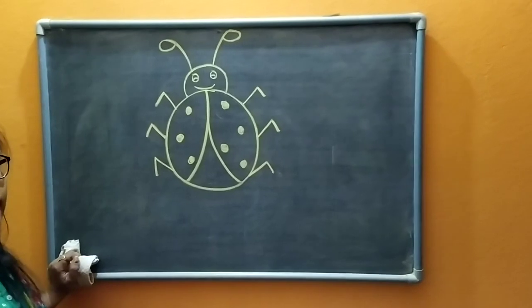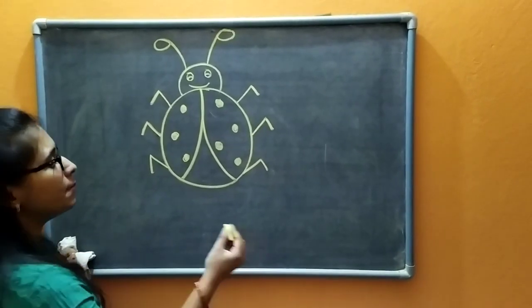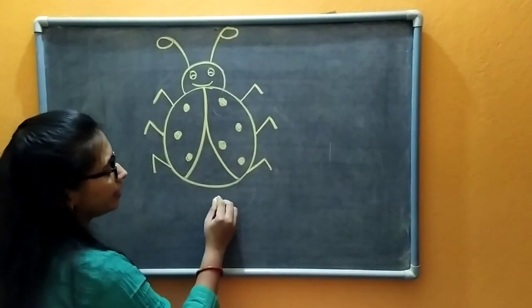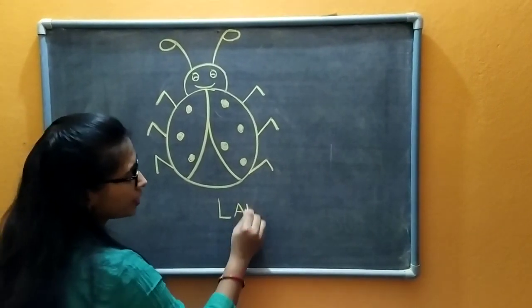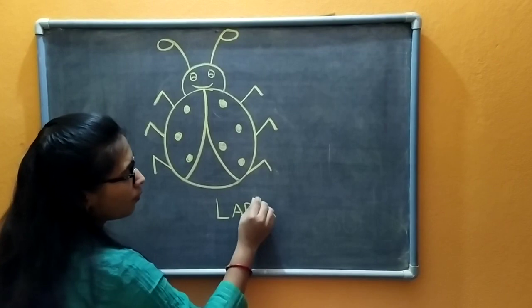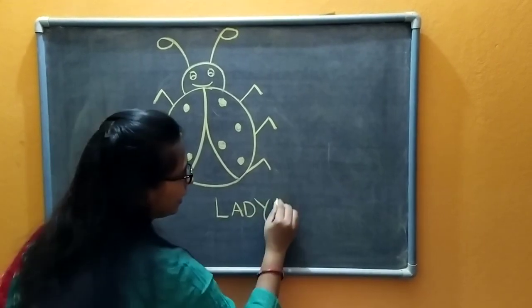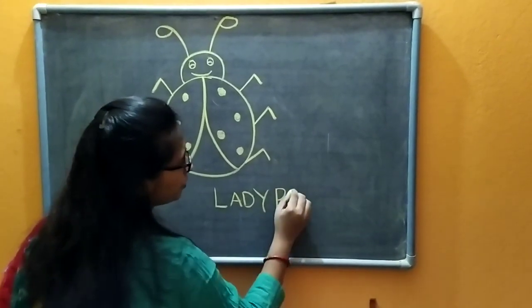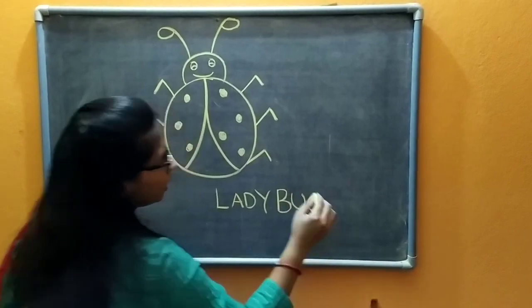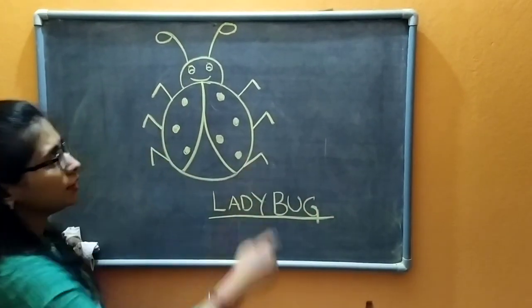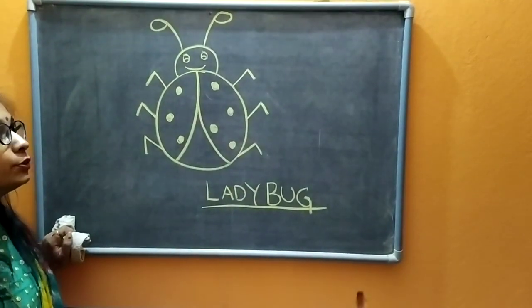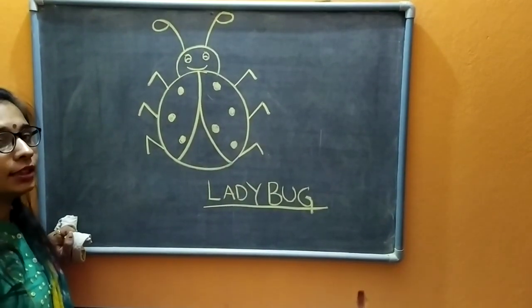What is this? It is a ladybug. So we will write here L A D Y, lady, B U G, bug. Okay, what we have drawn? We have drawn a beautiful ladybug.